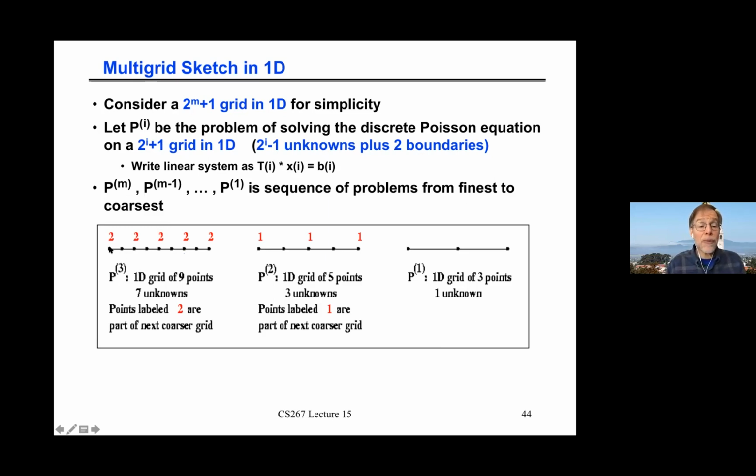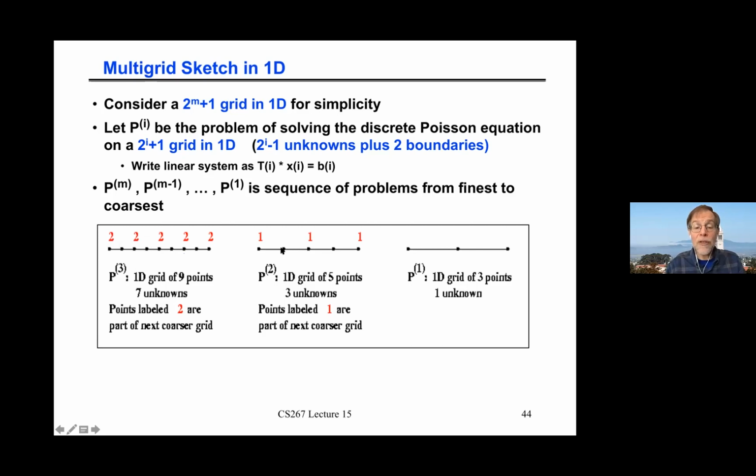When m equals 3, I have 2 to the 3 plus 1, or 9 mesh points. Those are the black dots there. And only the 7 on the inside are the unknowns. To get to the coarse problem, I'm going to take every other mesh point. Those are labeled in red by problem P2. And so now I only have 5 points here. So I've drawn them over here.